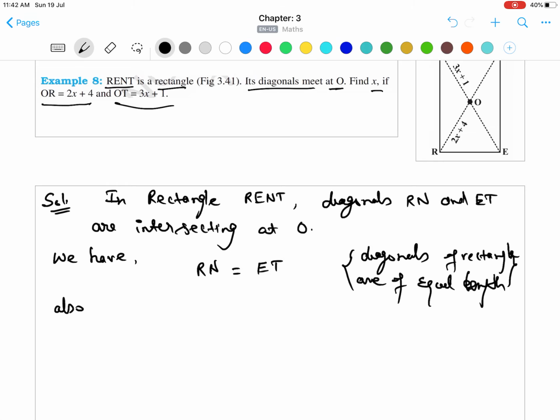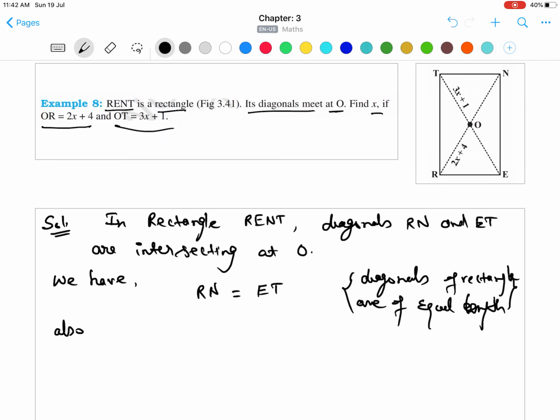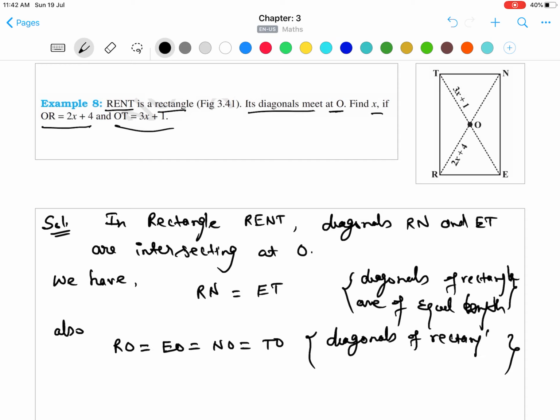Also, RO will be equals to EO will be equals to NO will be equals to TO. Why? Because the diagonals of a rectangle bisect each other.